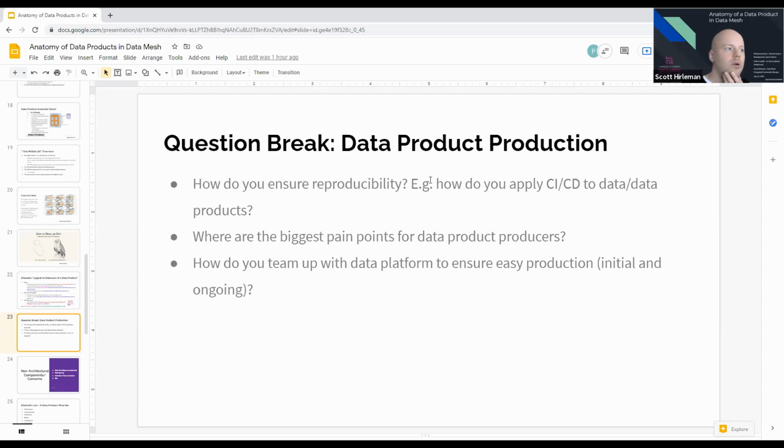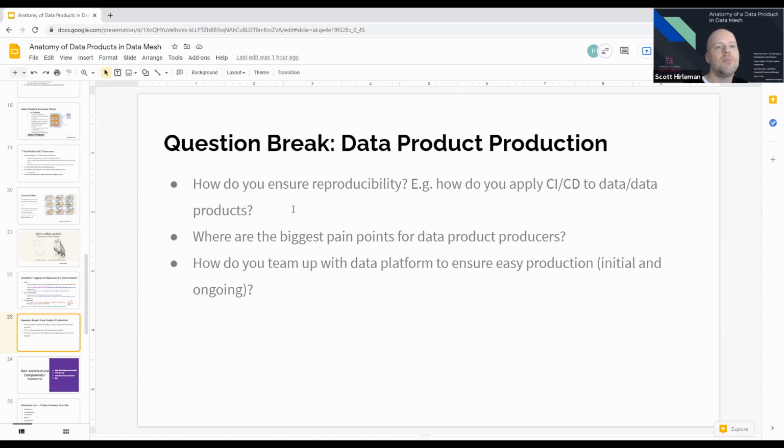I want to get through this a little bit, and then we'll open it up for broad Q&A once we go through a couple of non-architectural components. But what are the things that you think about with data product production? How do you apply CI/CD to data and data products, because they're kind of two different things: the reliability and reproducibility and all that stuff around data, as well as the data product in and of itself.